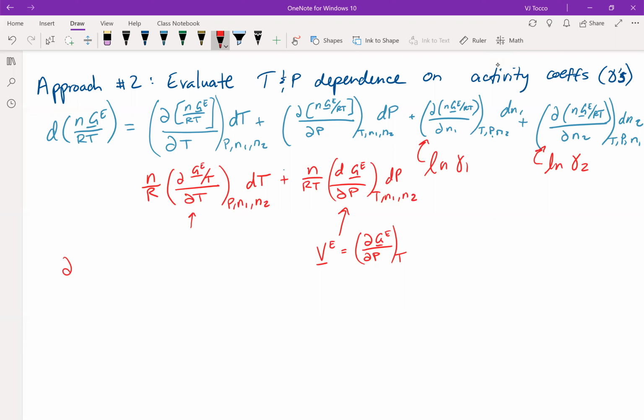So just to write it a little neater, I'm going to just evaluate what the derivative of this expression, d(GE over T) with respect to T, is by the quotient rule.